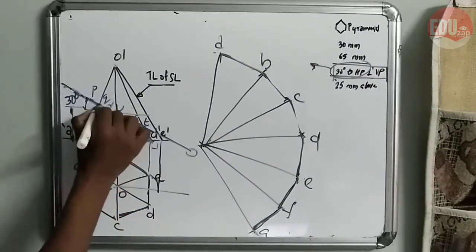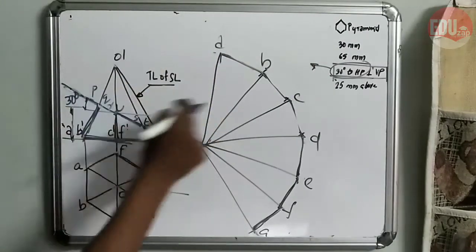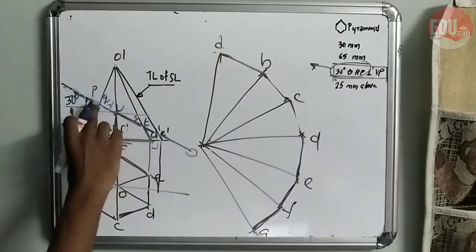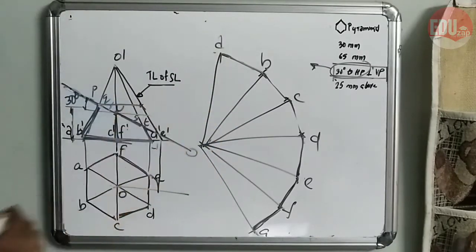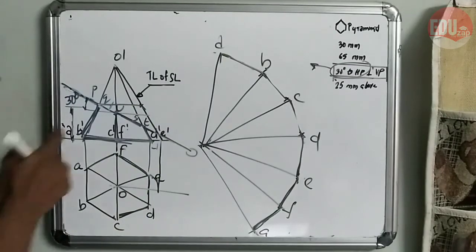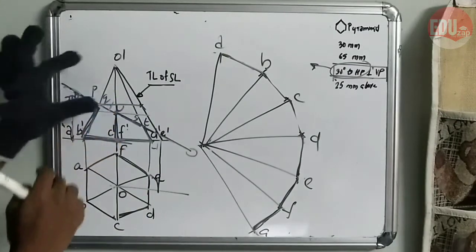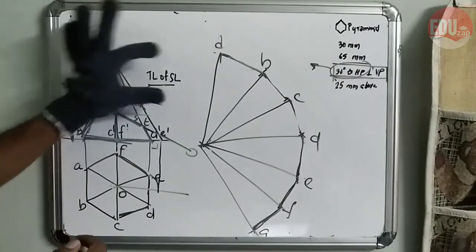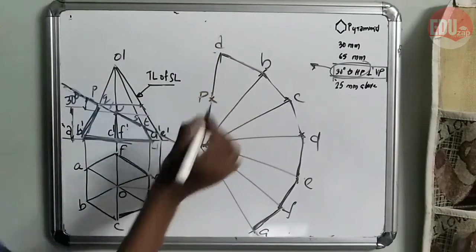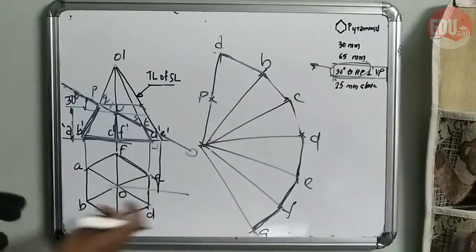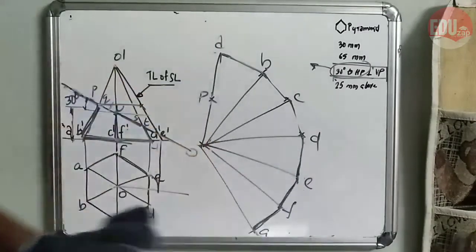So P is in OA. Before plotting here, you have to give this point on true length. First you draw that point in true length, then take this distance and mark here. Similarly, we have OA edge here as well as here.